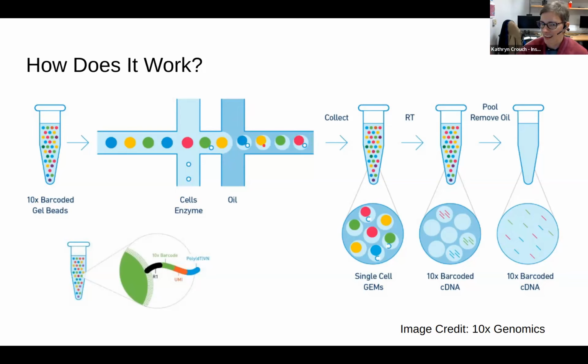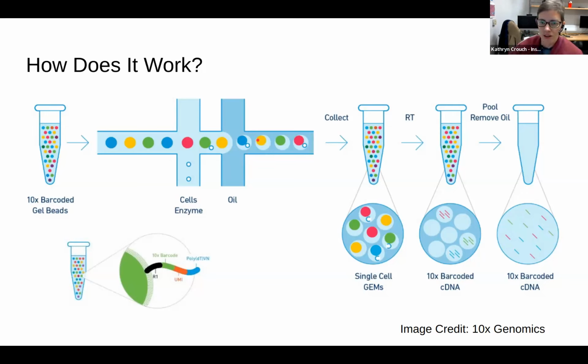And it's a bit like doing cloning by limiting dilution. You're trying to get the concentration of the cells such that when you capture a cell with a bead, you only get one cell. And by doing that, you're actually going to also find that quite a few of your droplets don't have any cells in them at all.